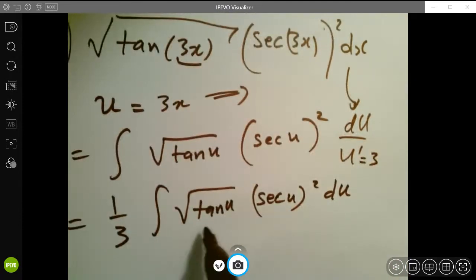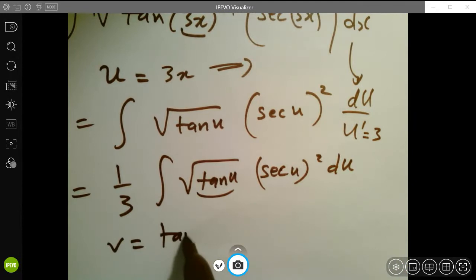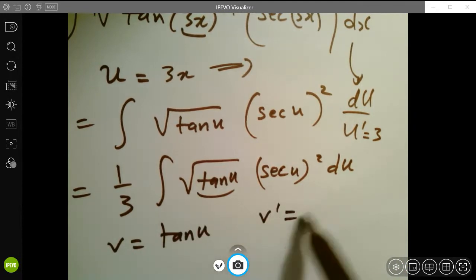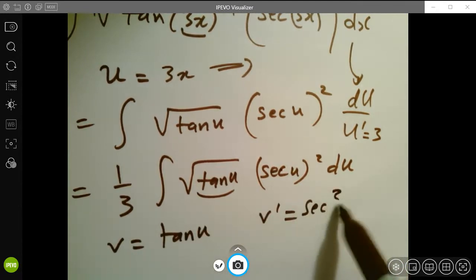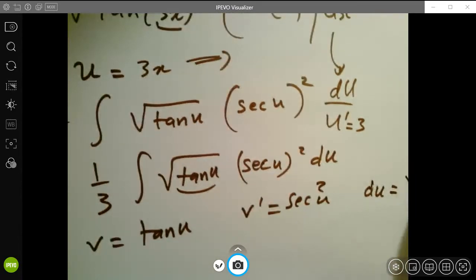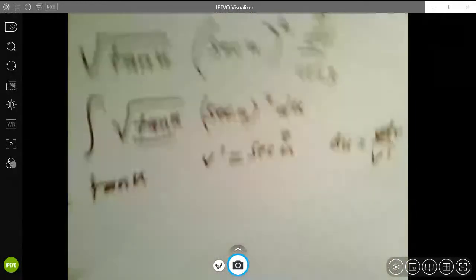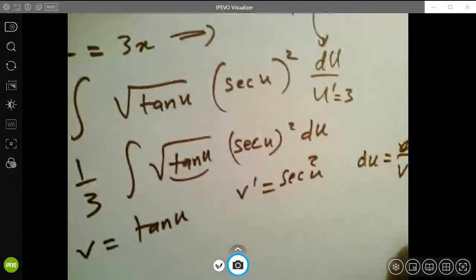Now they match. Now you take another change of variable. This is v. So v prime is secant squared of u. Du will be dv over v prime, which is dv over secant squared.